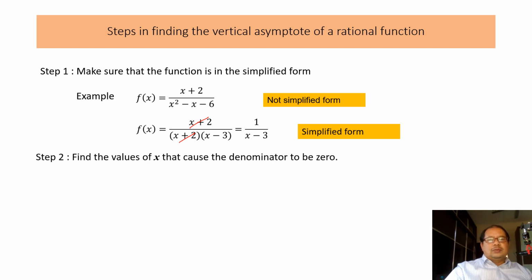Step 2, find the value of x that causes the denominator to be 0. Kalau kita lihat example atas, nilai x yang akan menyebabkan denominator menjadi 0 adalah x equal to 3.